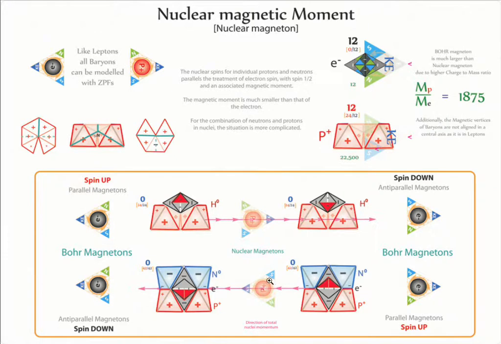And by modelling the magnetic moments, both the nuclear and the Bohr magnetons, we can determine the parallel and anti-parallel arrangements of magnetons within atomic nuclei or elements. And this will give us the differing energies in fine line splitting, etc., or within spectral lines themselves.